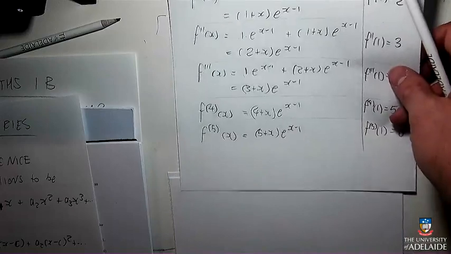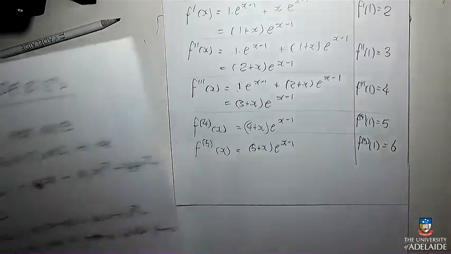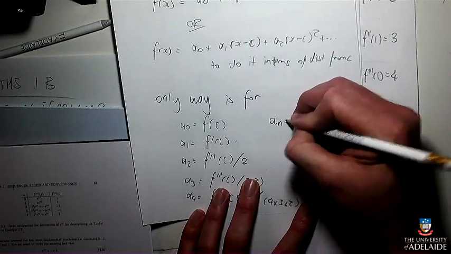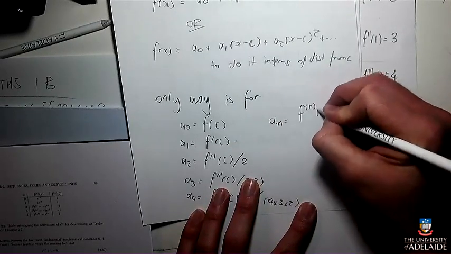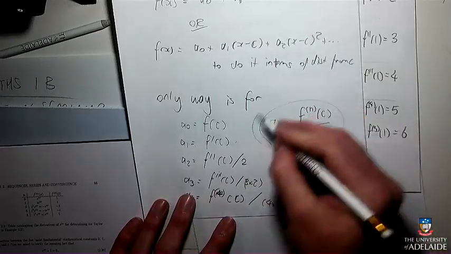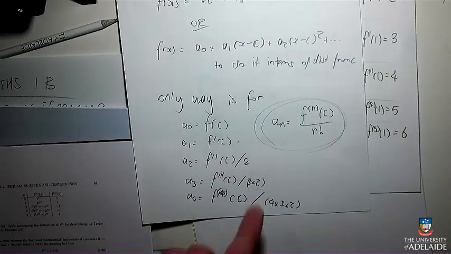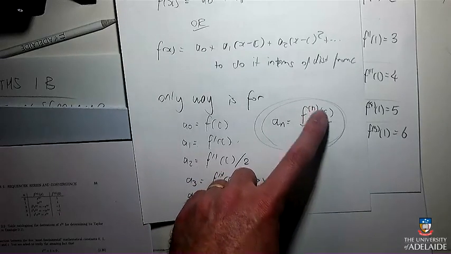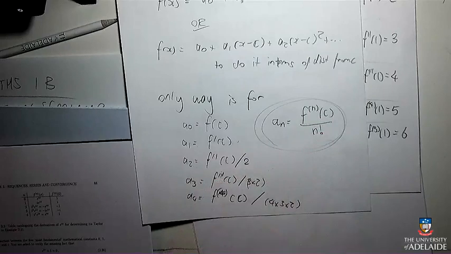I really should have done it on the first page. Oh, I reckon I have room. That's the actual formula. The coefficient of x to the n is the nth derivative with c subbed into it divided by n factorial.